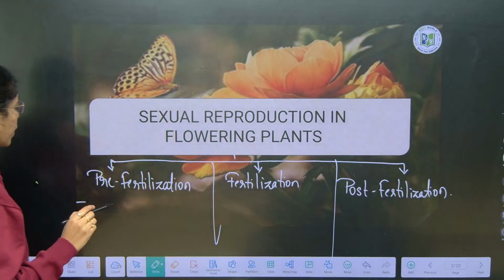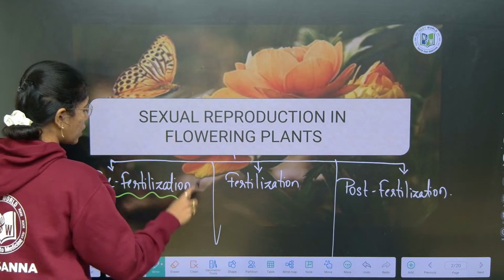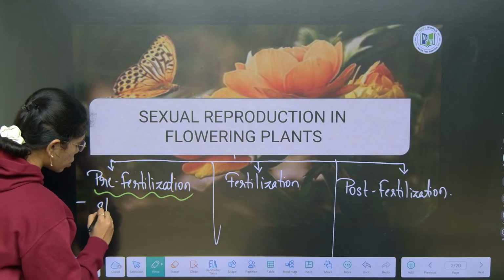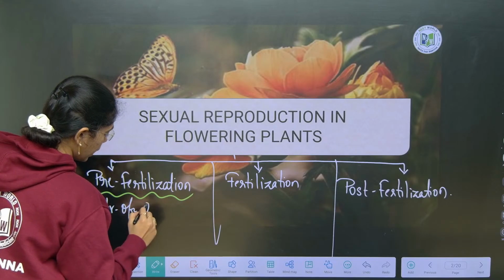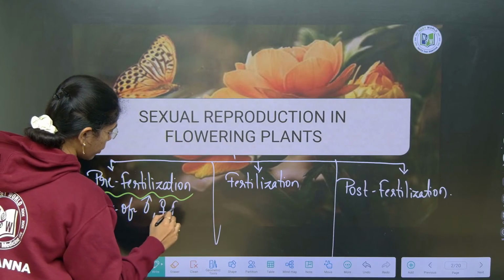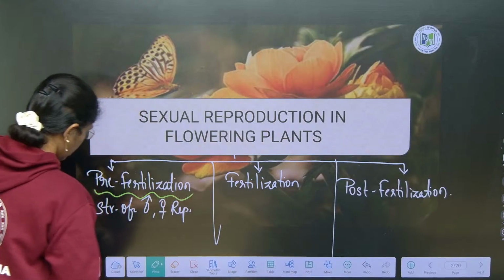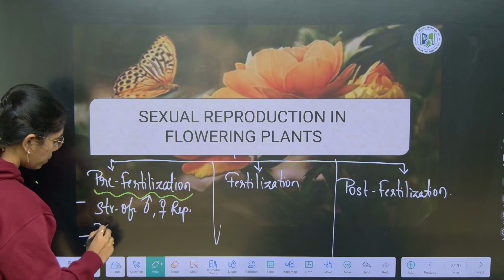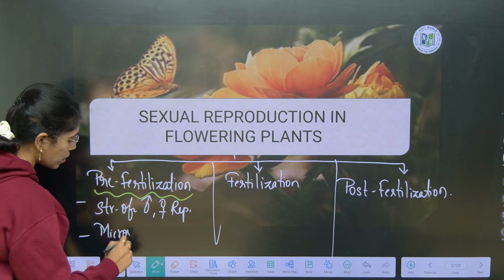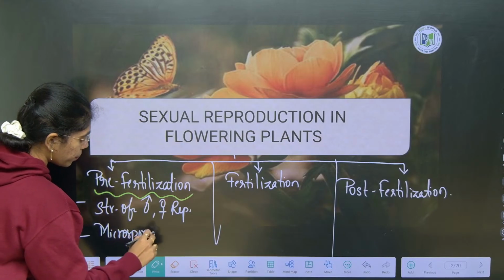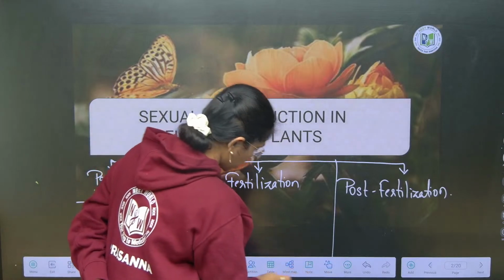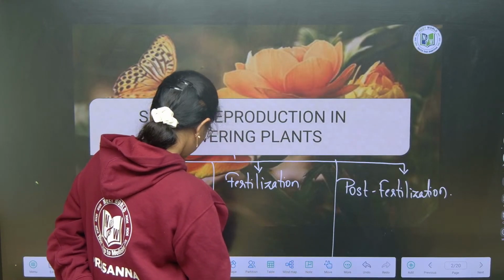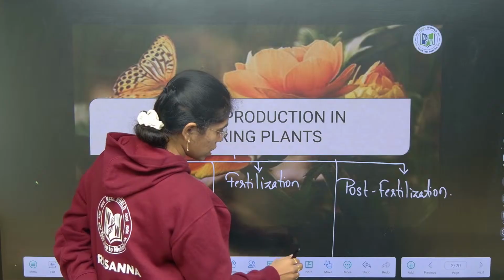So here under pre-fertilization events, what are the contents to be covered? Structure of male and female reproductive structures of a flower, and then microsporogenesis followed by megasporogenesis.